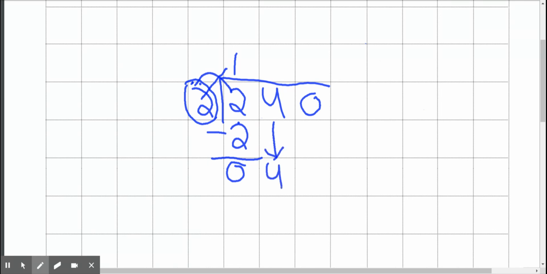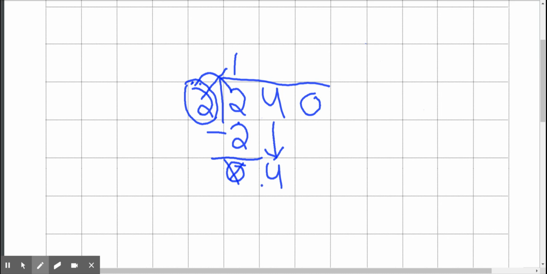Most of the time, numbers like these will not always perfectly go into each other, and we will have another example after we divide this number by 12. You can keep this as 0, 4, or just say I bring the next number down, and it's 4.